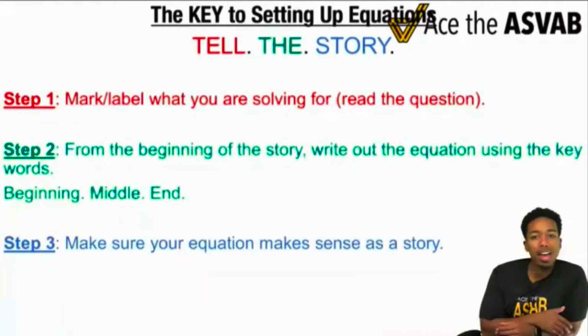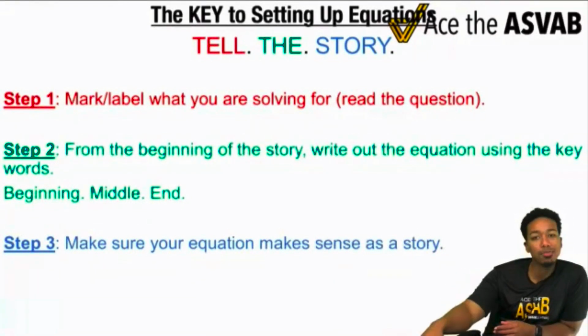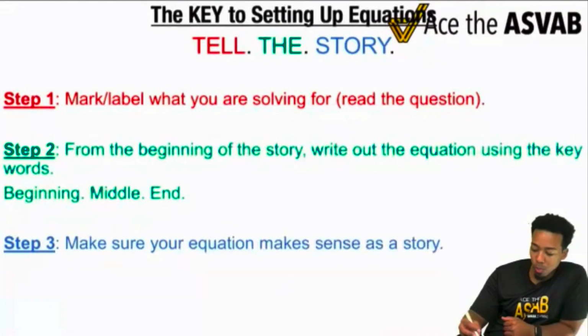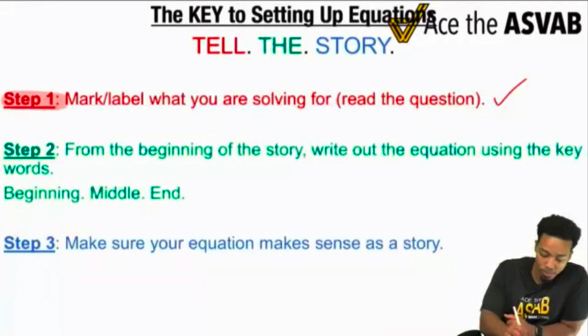How are you supposed to have fun playing a game when you don't know what you're supposed to do to win? So that's step number one. How is it that I'm supposed to win this game? Read the question.